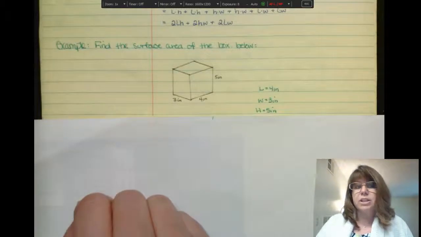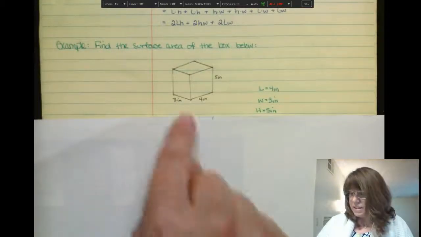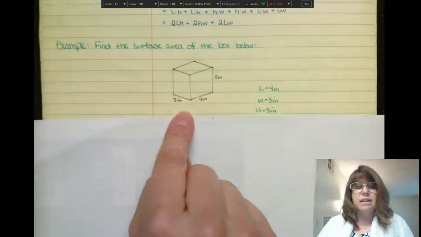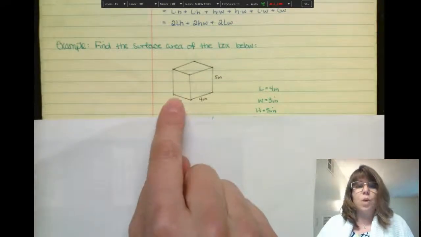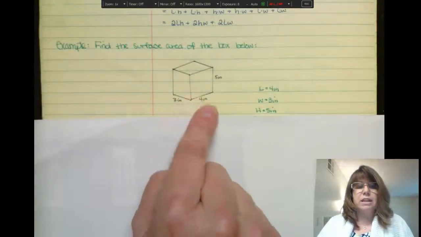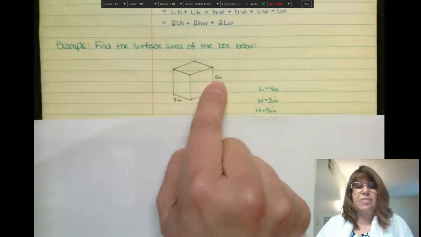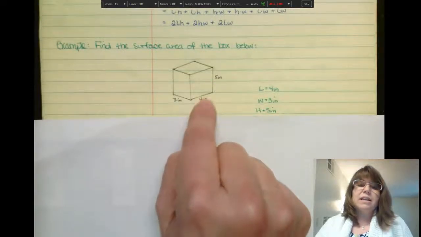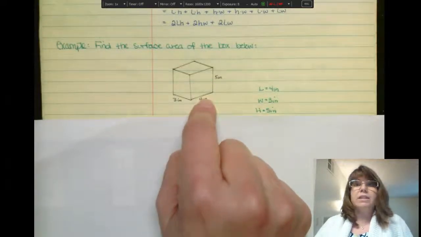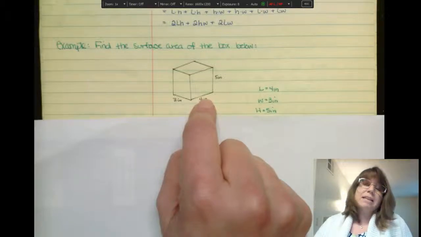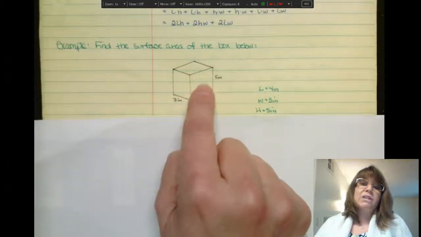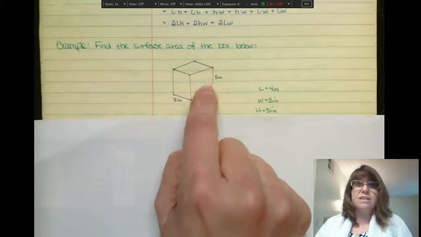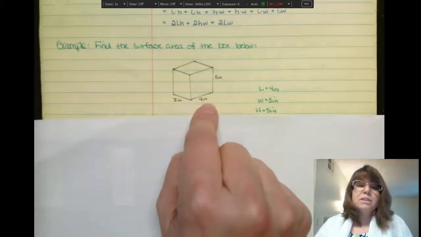Let's put it in action. Let's find the surface area of this box, given that the width is 3 inches, the length is 4 inches, and the height is 5 inches. Again, if this was a cube, this would be very easy. It would be side times side, because they're all going to be squares, times 6 because all 6 sides are equal. But this one is not equal.